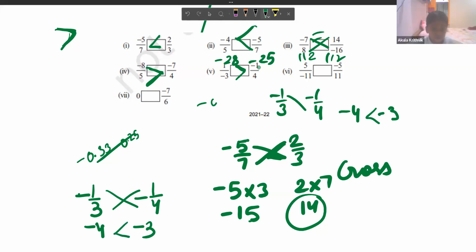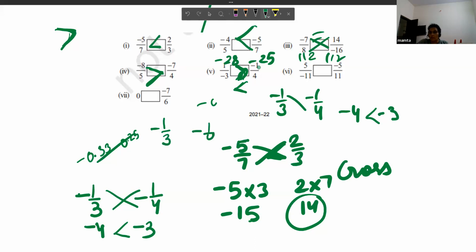Minus 3. So minus 1 by 4 is greater. You don't have to cross multiply the sign. You have to multiply only the numbers. So whether the negative is in the denominator or numerator, it will be minus 1 by 3 only. Keep the negative in the front side and cross multiply only the numbers, not the sign.